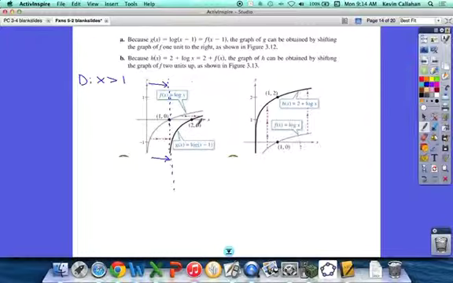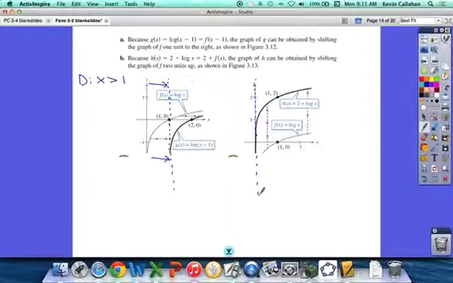specifically domain. Okay, and now we see what happens if you add a number not inside the function, but outside the function. Generally, that's a vertical shift. Plus 2 means up 2. So if I started with a graph of log x, and it had an asymptote at x equals 0, would that line change if I moved it up or down?